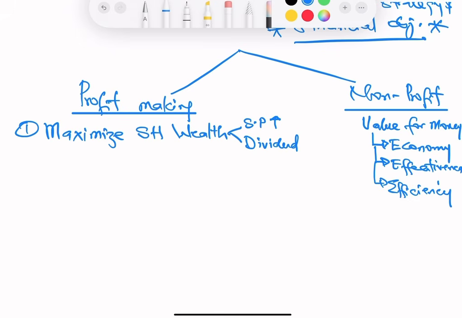So it's not enough that you can pay dividend this year, but you must be able to live for many years so that the shareholders can get those dividends for many years, and likewise, they can also benefit from share price appreciation. Another financial objective is that some companies focus on maximizing profit.